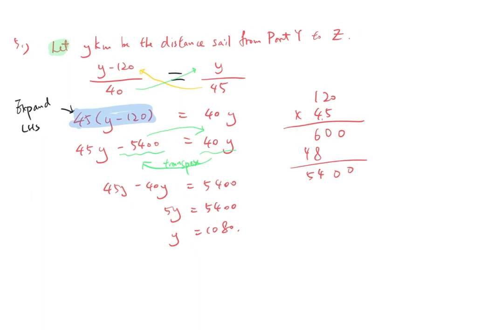On the other hand, we also find that the distance between X to Y is 120 kilometers less than Y to Z, so it is equal to 960 kilometers.